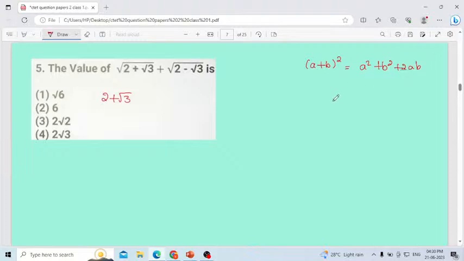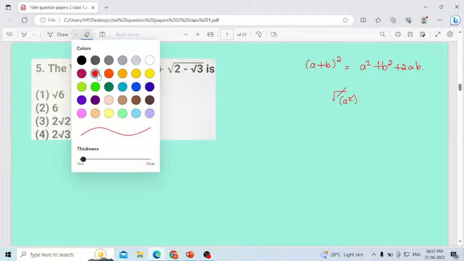How can you cancel the square root? When you have a square root and a square, they get cancelled. So try to put the number in the form of a plus b whole square, under the square root, and the square gets cancelled. Try to convert all the numbers into square root and square format, and you can easily find the solution.